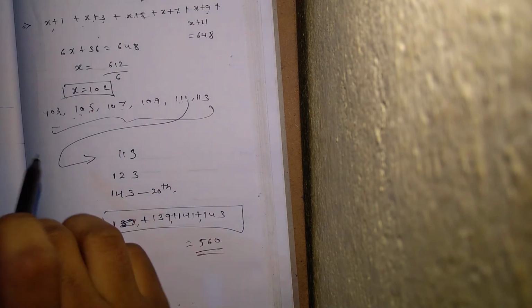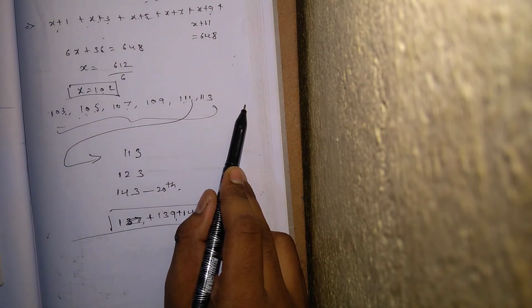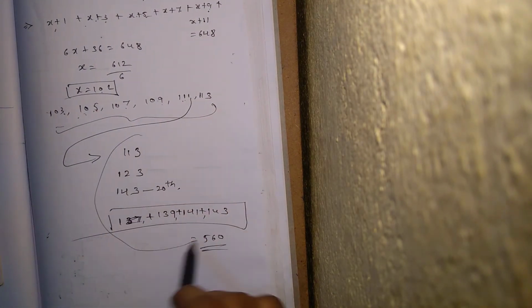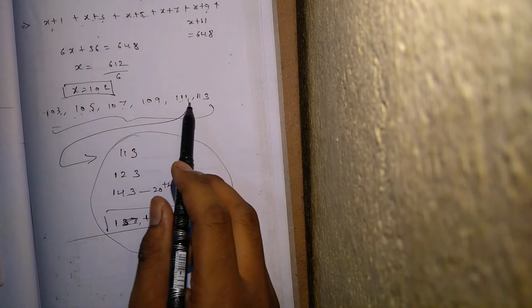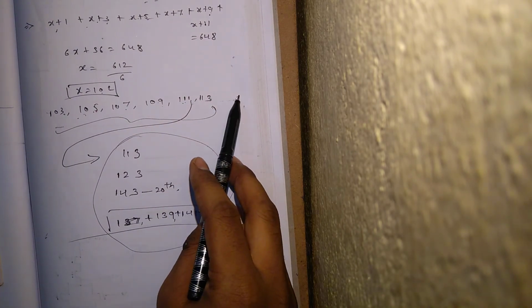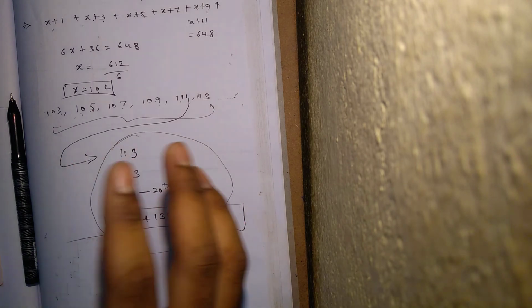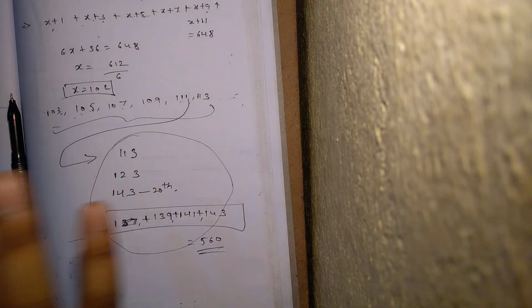Or you can just write the sequence of 20 numbers. If you feel this is quite uncomfortable, you can write all the 20 numbers here, figure out what the last 4 numbers in the series are, and add them.